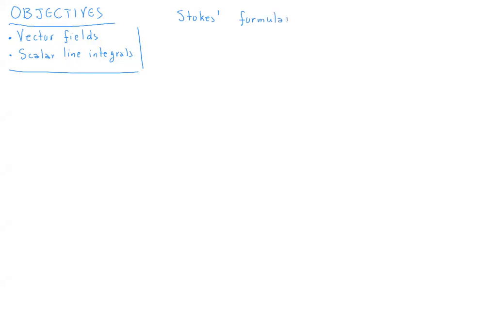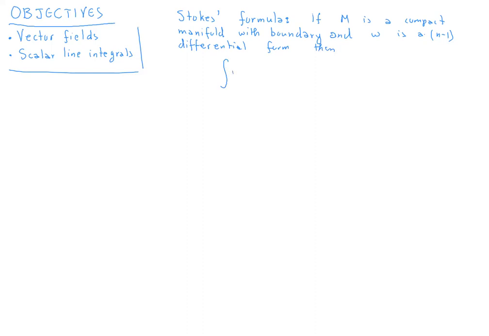I mean, even the objects in this statement are not known, but if M is a compact manifold, let me say with boundary, and omega is a differential form, then the integral of omega on the boundary is equal to the integral of the differential of omega on the interior of the manifold.